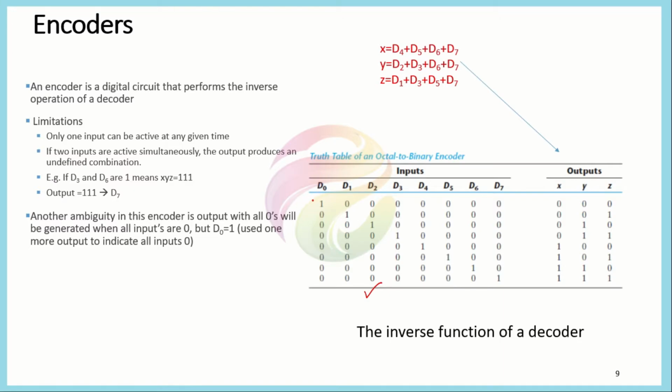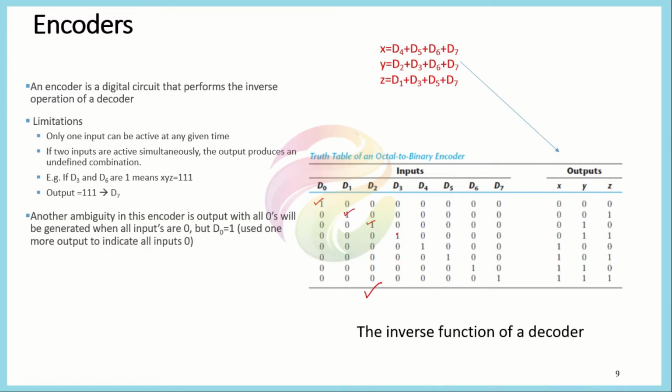But there's a limitation here, that for any given sequence of the inputs, only one input could be high at a time. Say from the first combination, if you see here, only D0 is high, for the next one D1, for the next D2. So you can see that for all these combinations, only one input can be active at a time. Say if we have two inputs that are active simultaneously, then the output produces an undefined combination.